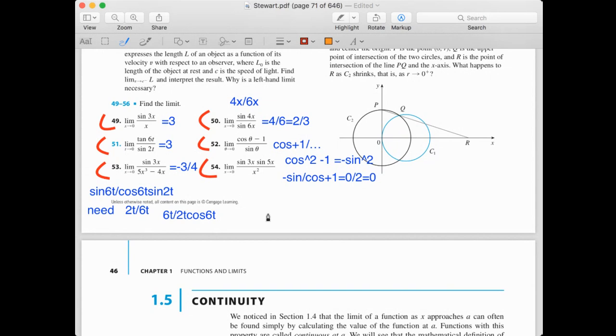Okay, so I just took the 3 and the 5 out from the sine 3x sine 5x, right? And that turns into 15 sine squared x over x squared, and then that should be 15. I'm sorry, what did you do? When we have sine 3x, we can take the 3 out, right?